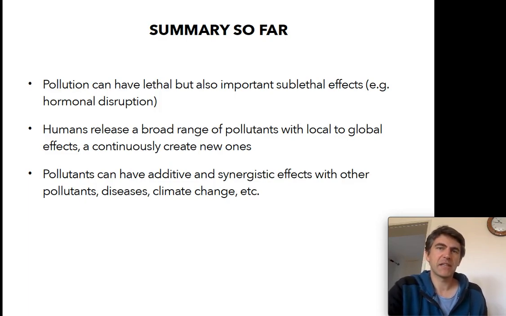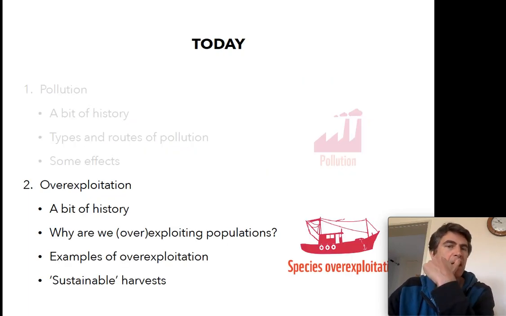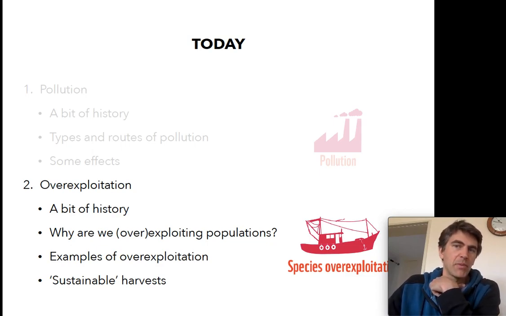So the effects can be far-reaching, they can be local, they can be global, like we've shown through the ocean examples, or the persistent organic pollutants. These can spread at a global scale, not just locally. And then, of course, all of these things, as always, can have additive and synergistic effects with other threatening processes such as climate change or disease. So that's all I want to say about pollution.